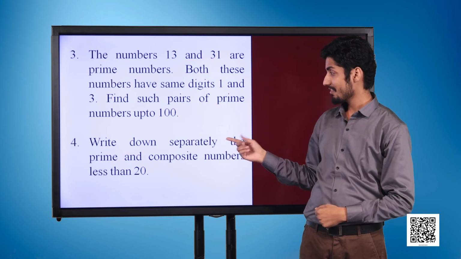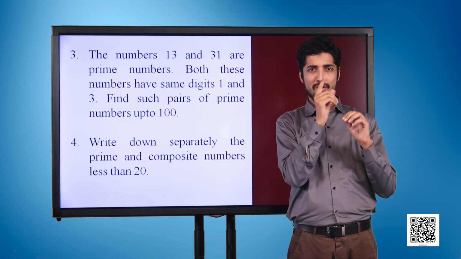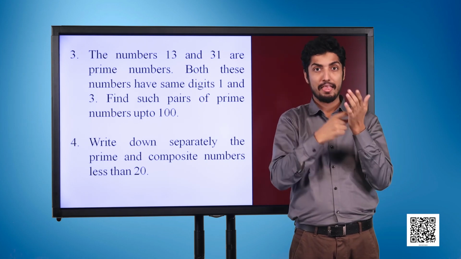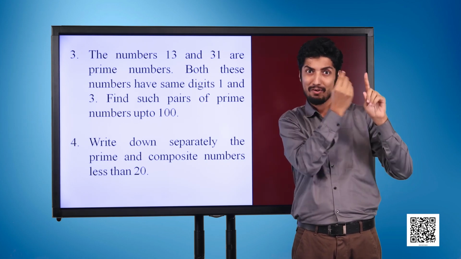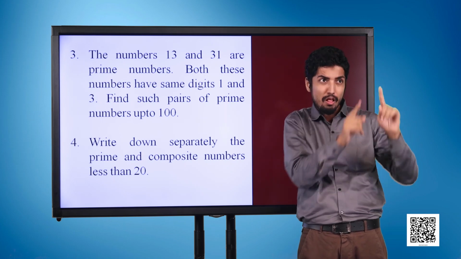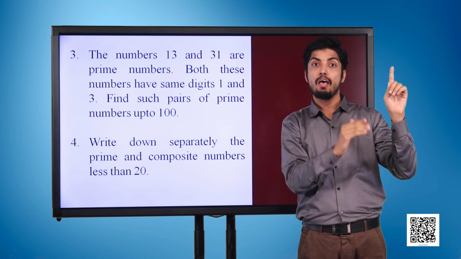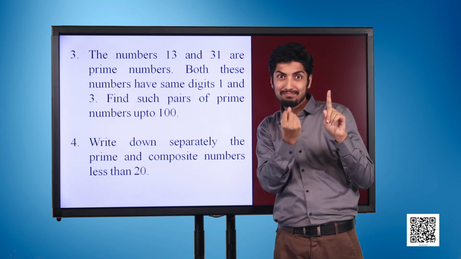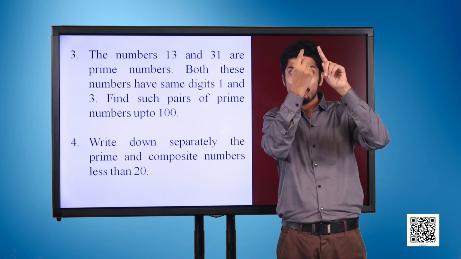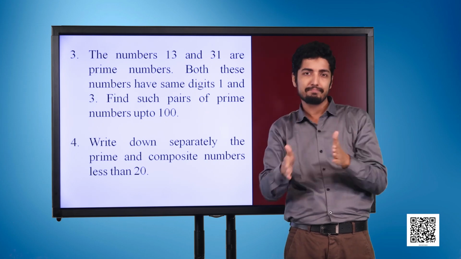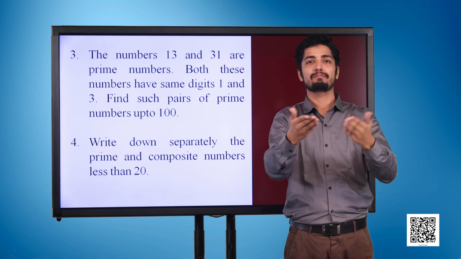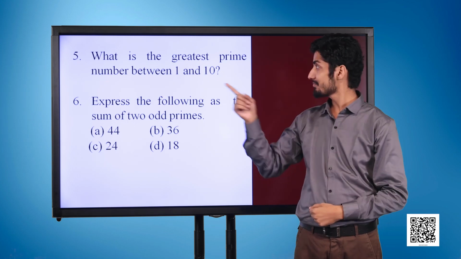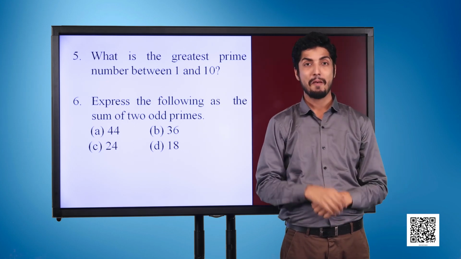Write down separately the prime and composite numbers less than 20. 5. What is the greatest prime number between 1 and 10?